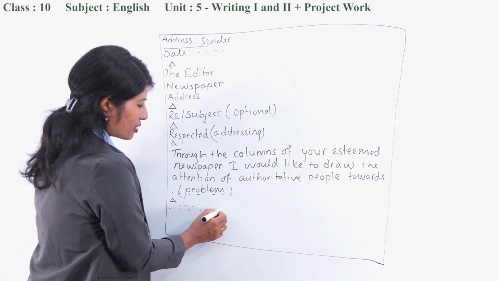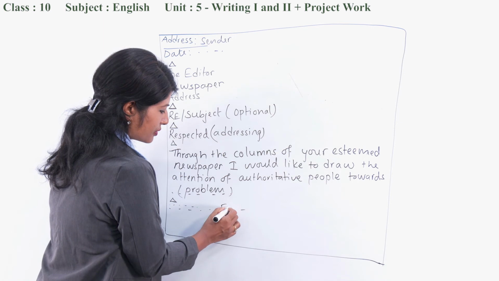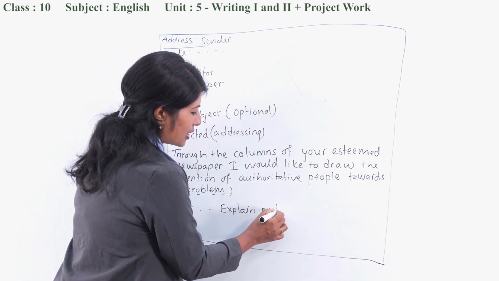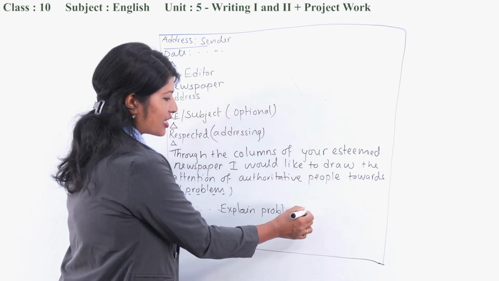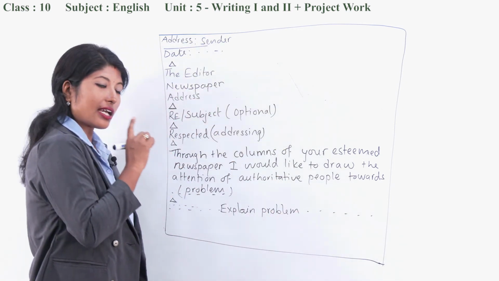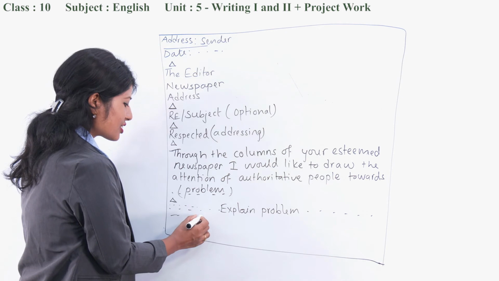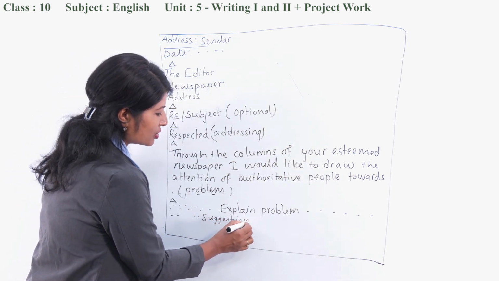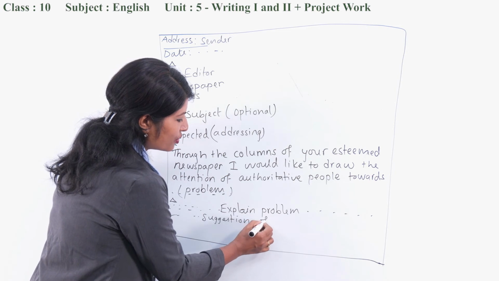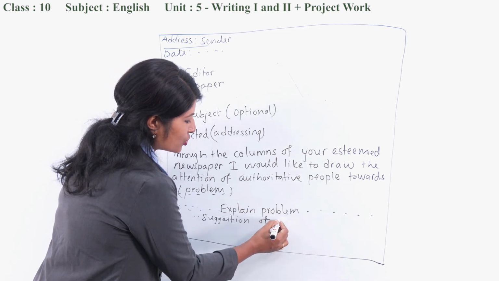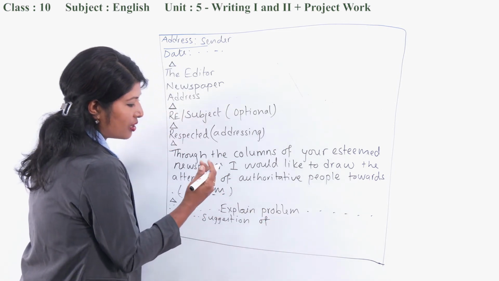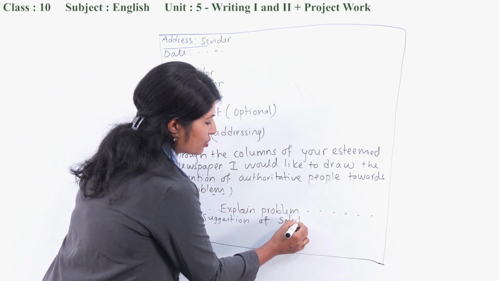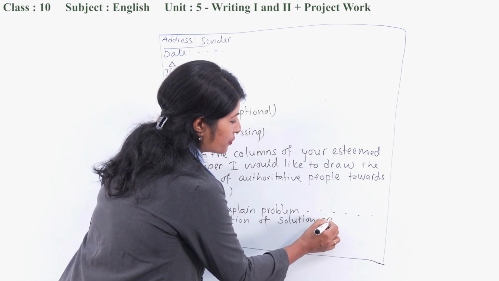You have to explain that problem. Explain how severe that problem is, how people are facing this problem, and start giving suggestions as well. Suggestion about what? Suggestion of sorting out the problem, how the problem can be solved.